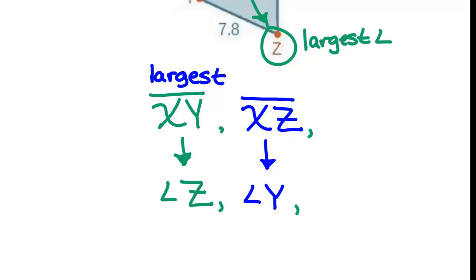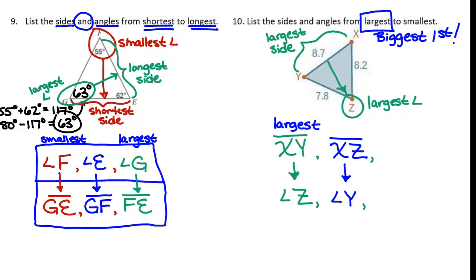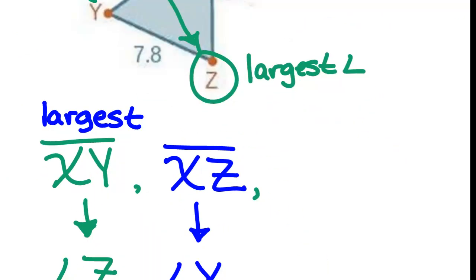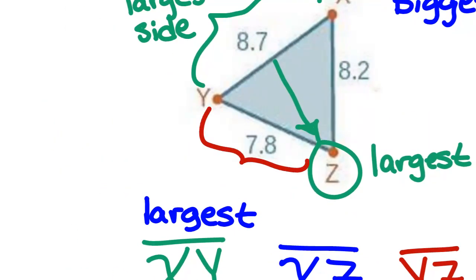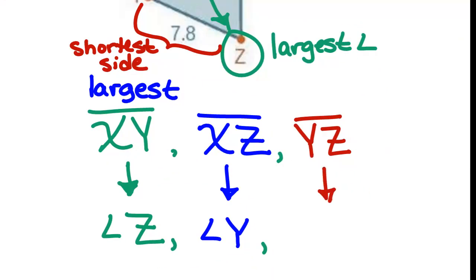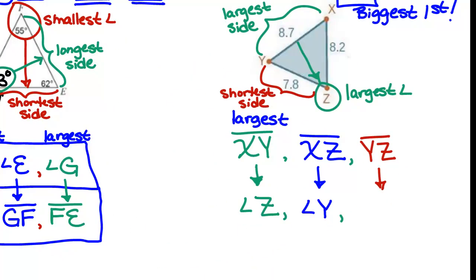All right, and then we have our shortest side. What is our shortest side? YZ. And so what would the smallest angle be that corresponds with that?